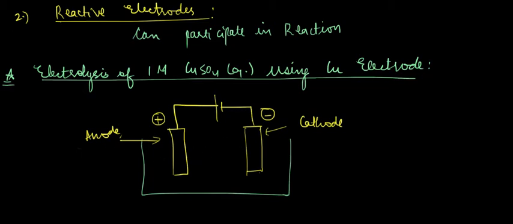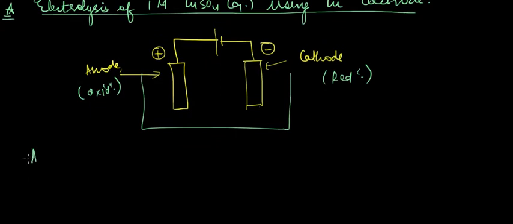So here we already know that oxidation takes place at the anode and reduction takes place at the cathode. By the way, the solution in which the apparatus is placed is CuSO4, 1 M aqueous solution.